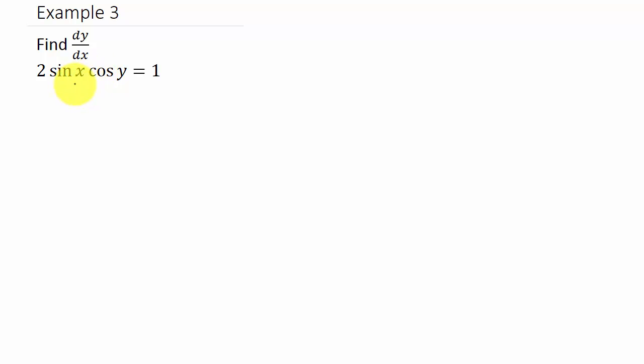So you can see here we have this in terms of x and y. So I'm going to use implicit differentiation here. You can see here I have the product rule I have to do. I've got sine x cosine y. Remember, it's the derivative of the first times the second plus the derivative of the second times the first.